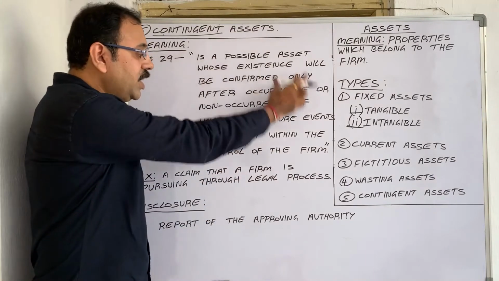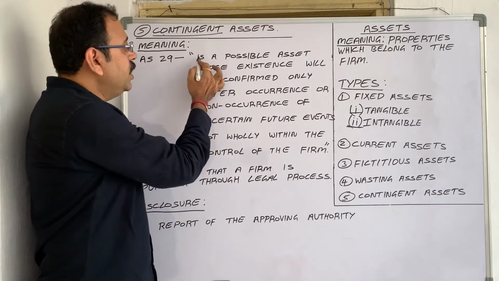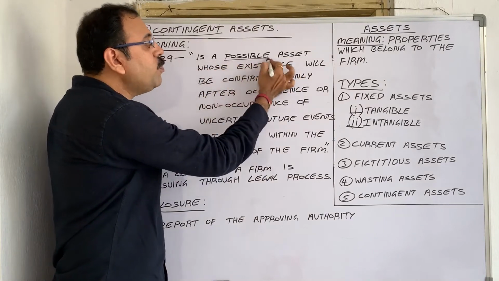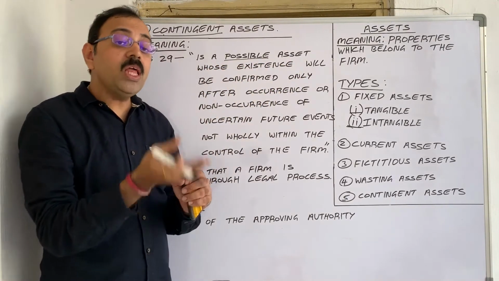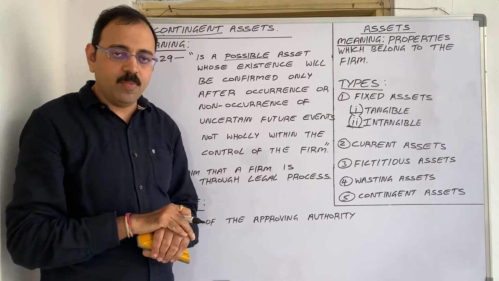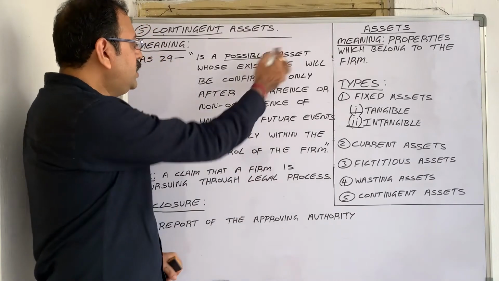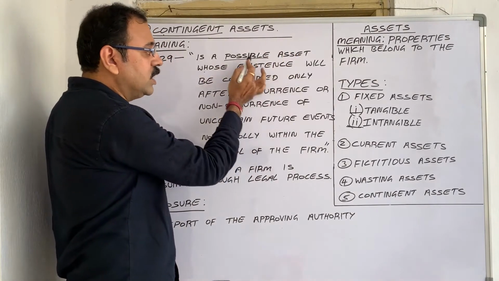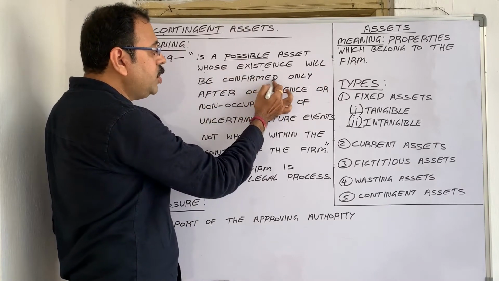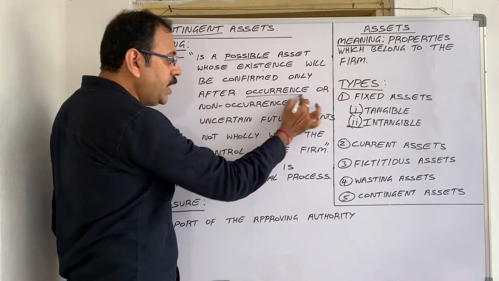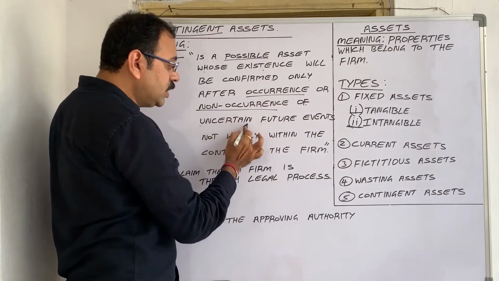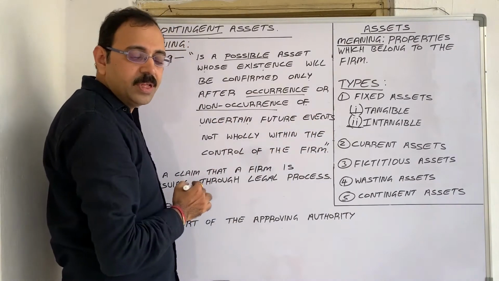So observe this sentence now, you will easily understand. Contingent asset is a possible asset. There is a possibility of becoming the owner of that particular asset. Now we are not the owner of that asset, but the possibility is there. It is an asset whose existence will be confirmed only after the occurrence or non-occurrence of an uncertain future event.